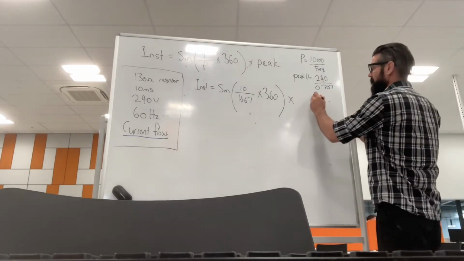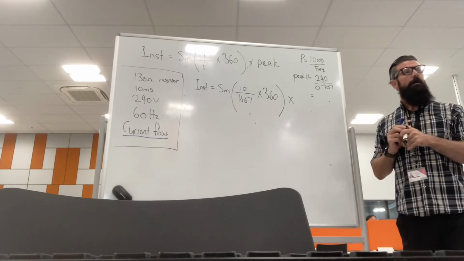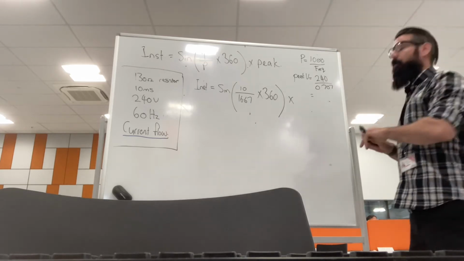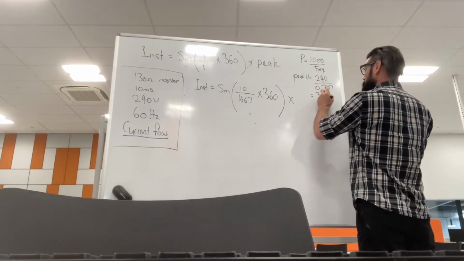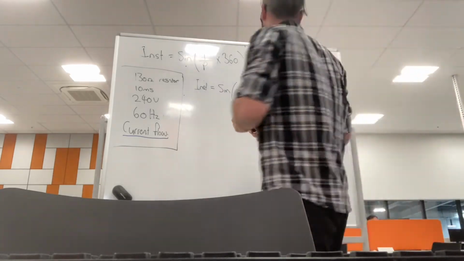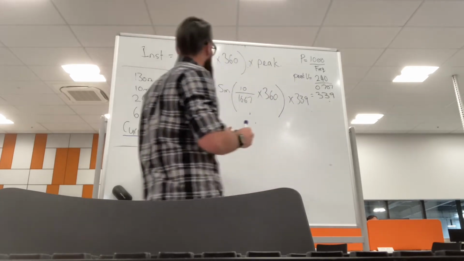It should be something like 380, something like that. Could somebody work that out? How much? We'll just say 339. Sorry, I was miles off. 339. So then we're going to add that in there, 339.